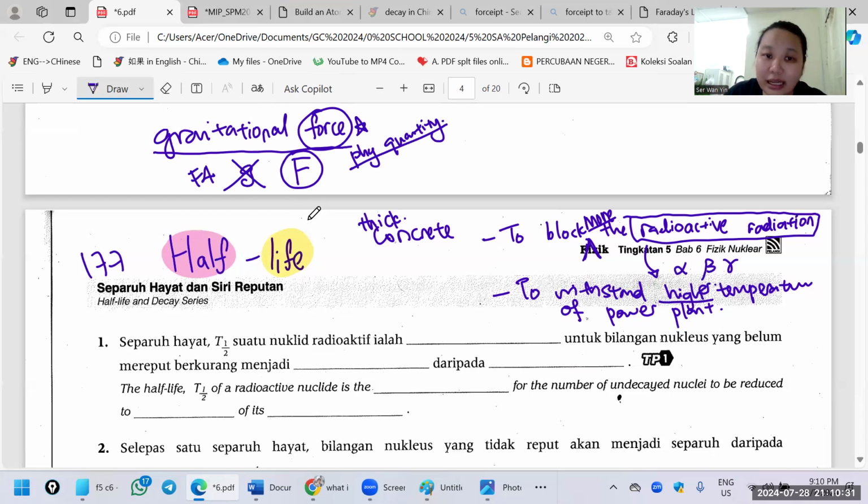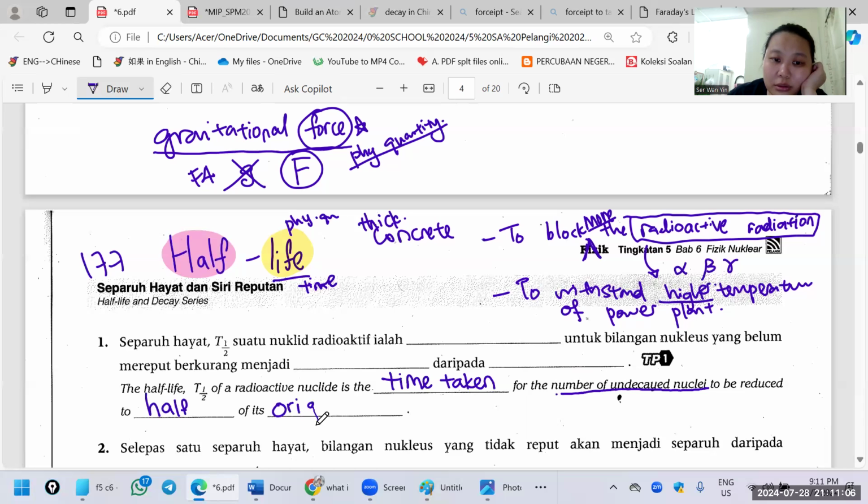The same thing as half-life. The second word is your physical quantity. So life actually means the time. So how many years you live means you have how many years of life. So the half-life of radioactive nuclei is the time taken for the number of undecayed nuclei to be reduced to half of its original.